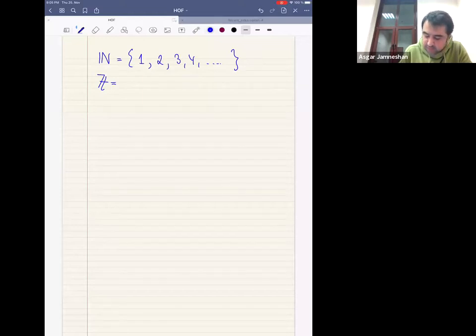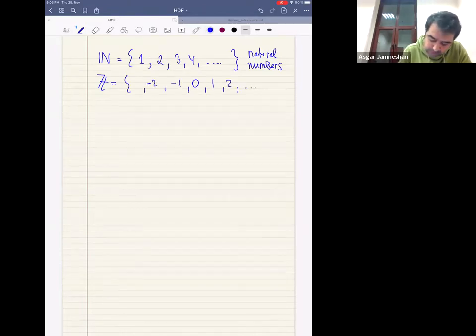These are the integers. And they consist, let's write them this way. So we have also here negative numbers.